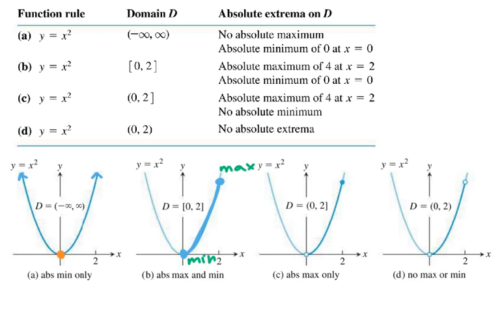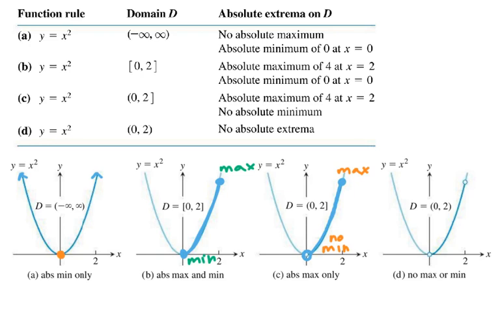Example C, our third picture here, you'll notice we have an open circle at x equals 0. And the graph goes up forever. So this isn't a closed interval. And when it's not a closed interval, you'll notice that there's no min value because we'll never touch x equals 0. But there is an absolute max.